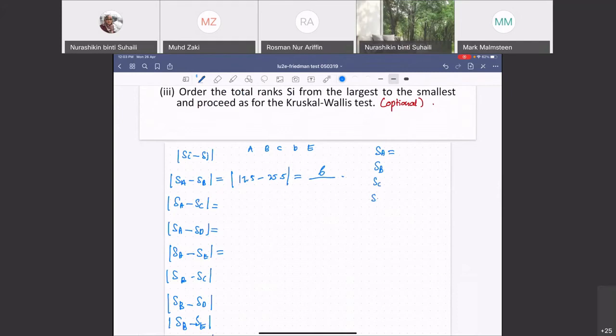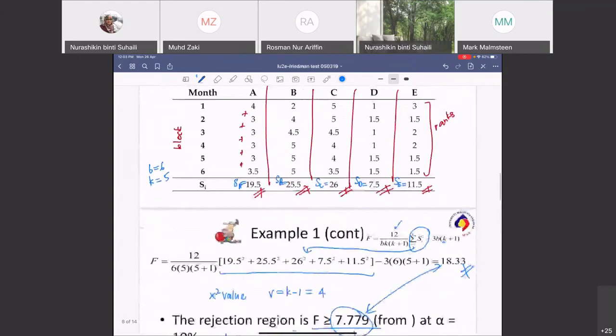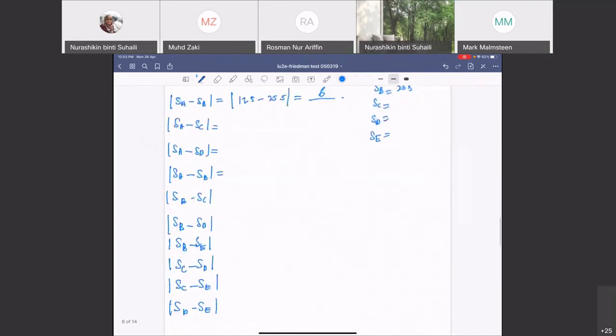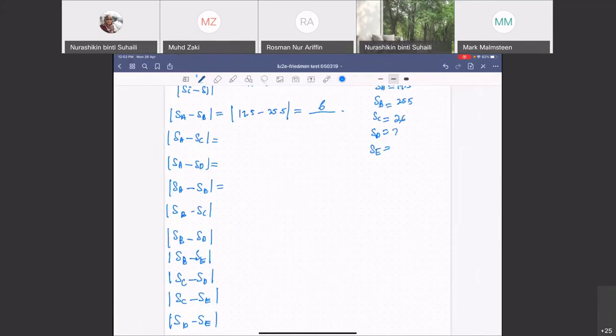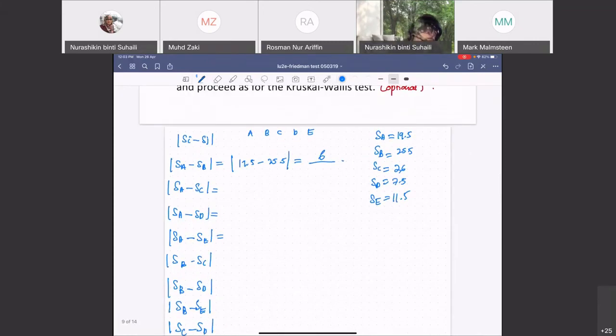Any questions so far? I'm just copying the values. 26, 7.5, 6, 7.4, 11.5. Okay. So you have the value for each of these: 19.5 minus SC is 26.